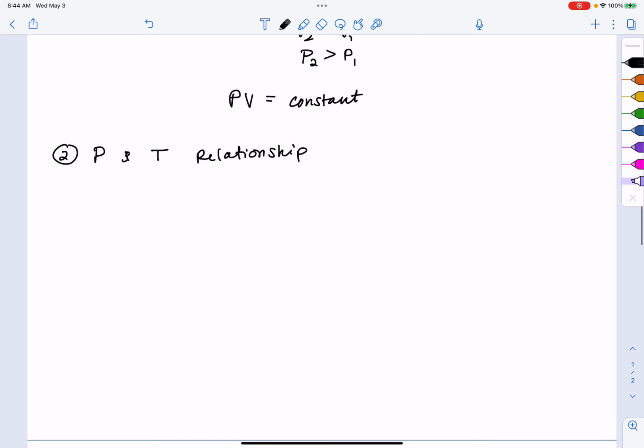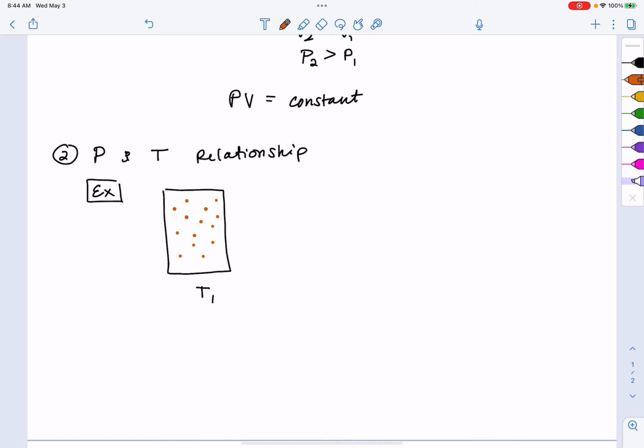So if I have, let's say, a fixed container at some initial temperature full of gas particles, these gas particles are all going to be moving with some initial kinetic energy.